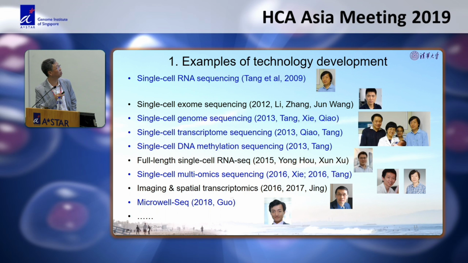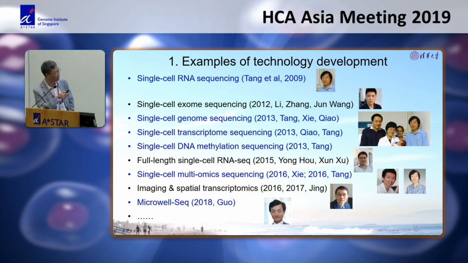We probably all know that single-cell RNA-seq started from Dr. Fuchou Tang in 2009, but at that time he was still in the UK as a postdoc, and soon he returned to China. And we also know that Guoji has done some excellent work in this field when he was in Singapore, before they came back to China.